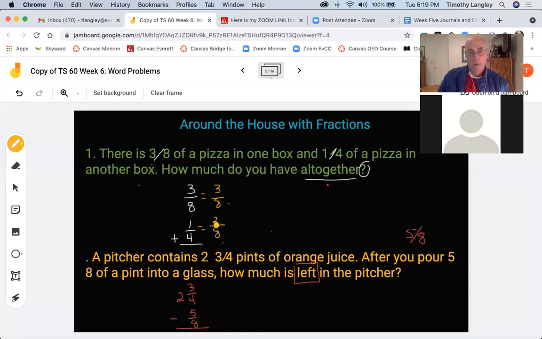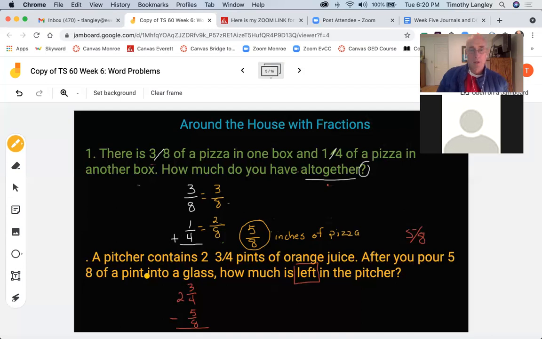Now I have the same denominator. I can add them all up. I'll put the answer over here. So it's 3 plus 2, that is 5. So here's my answer. I have 5/8 of a pizza, if I wanted to write it out all correctly as an answer. That would be my correct answer. Okay. Let's look at the next one here.